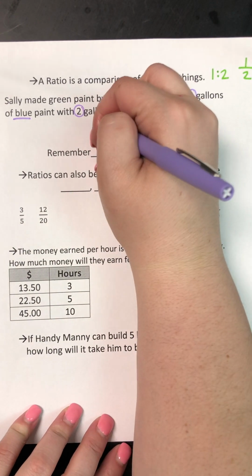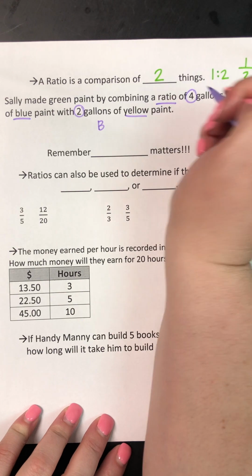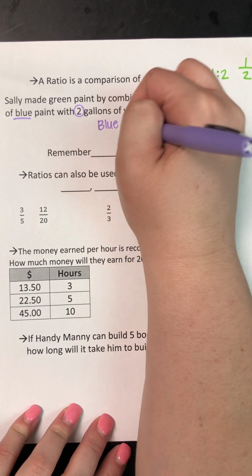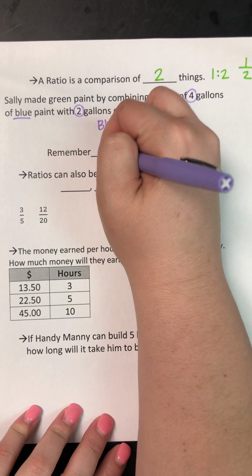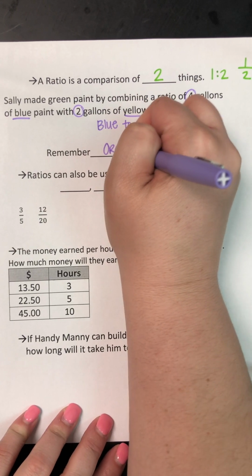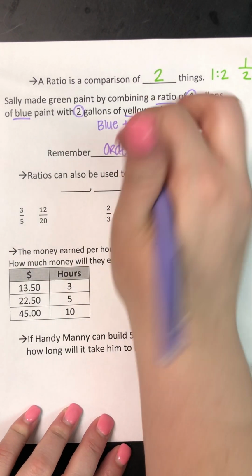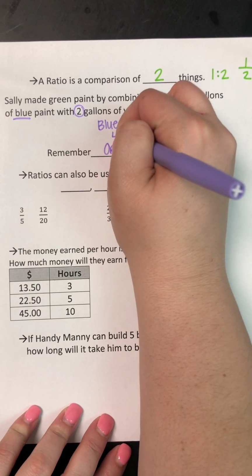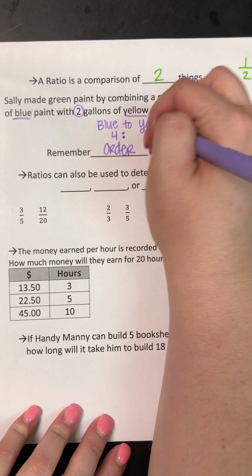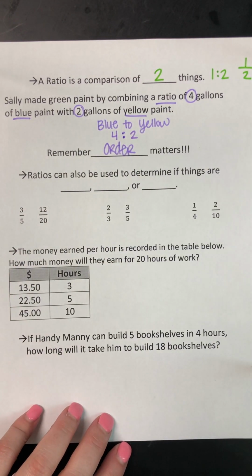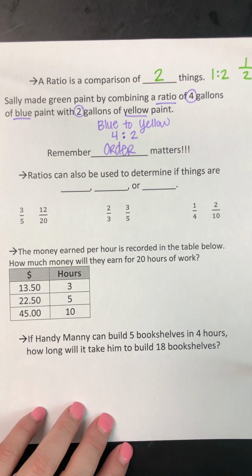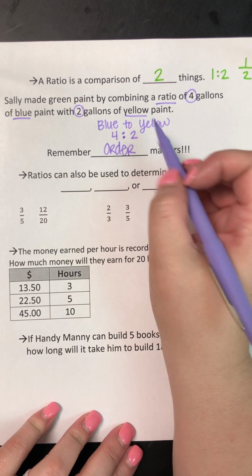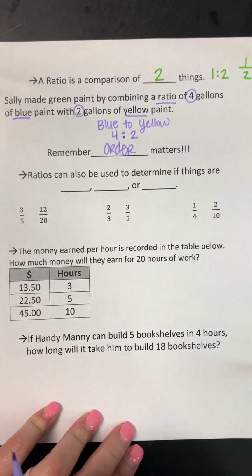So our ratio is blue to yellow. And remember, order matters. It said blue was 4, and then our 2 is yellow. So our ratio will be 4 to 2. And again, order matters. It was said blue first, so blue goes first.